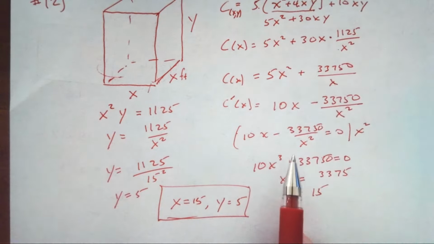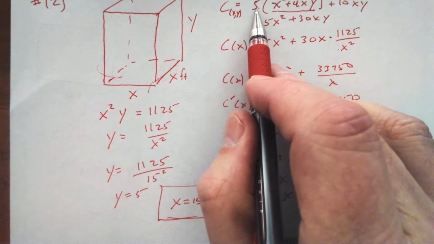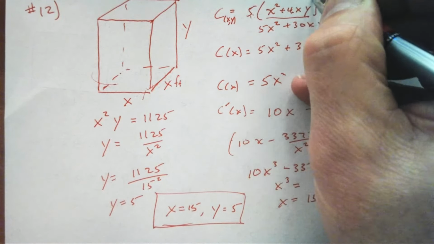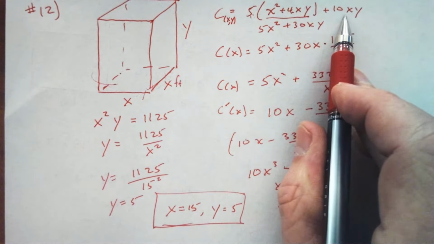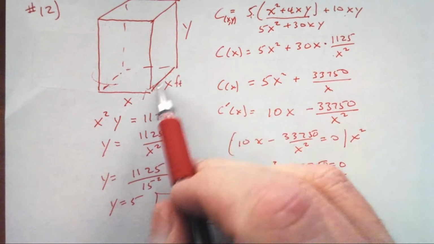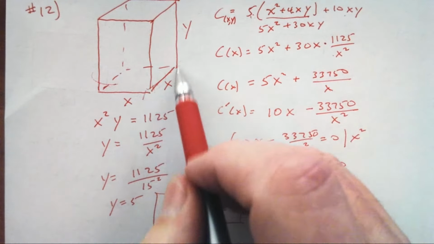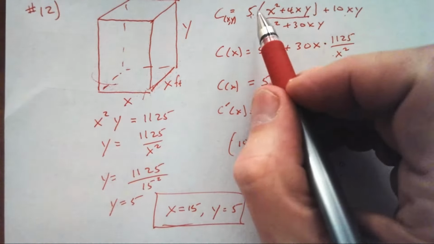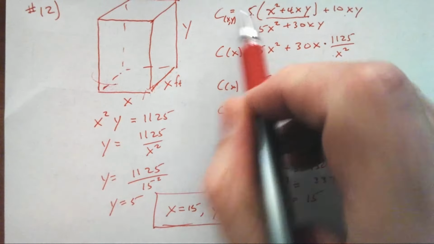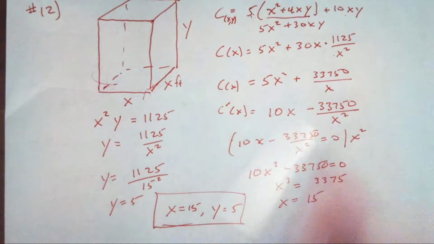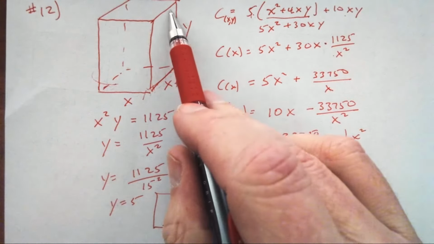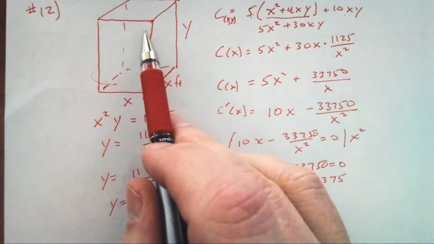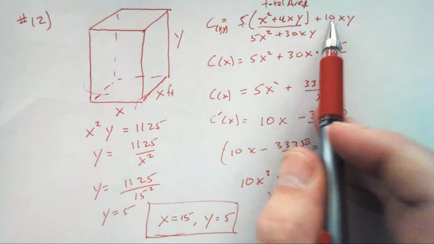So this cost function looks like 5 times the total area, and 10xy. Well, xy is the area of any one of the sides. So this could be $5 for the area, like total area including the bottom, plus $10 for our excavation cost.